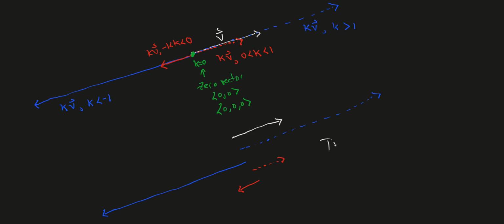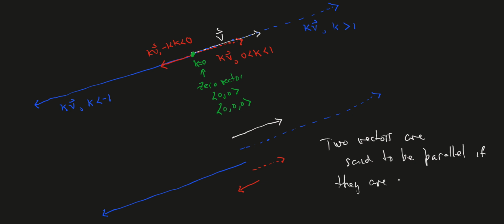So two vectors are said to be parallel if they are scalar multiples of each other.